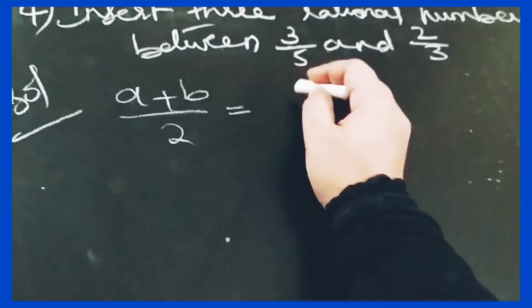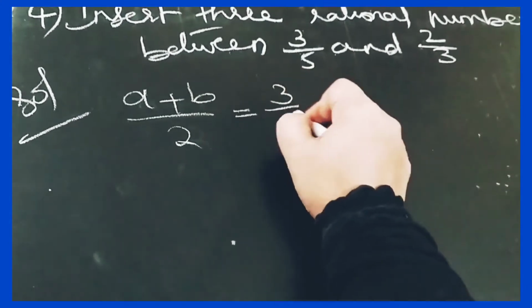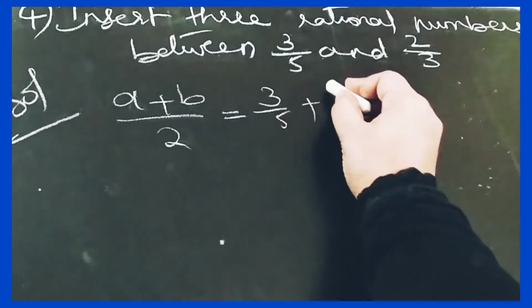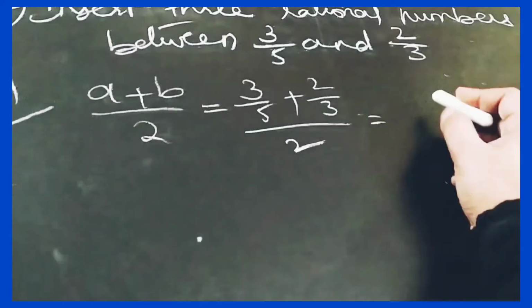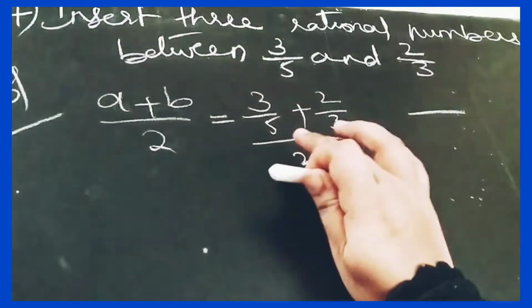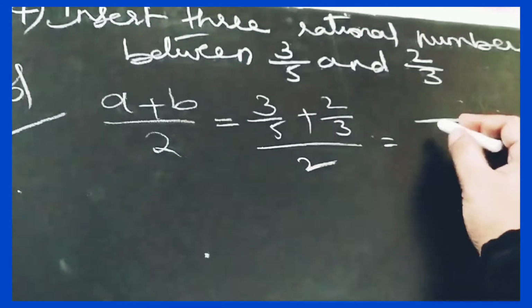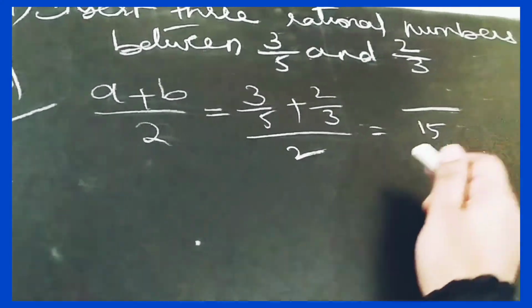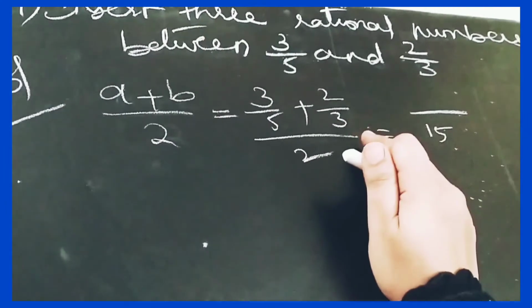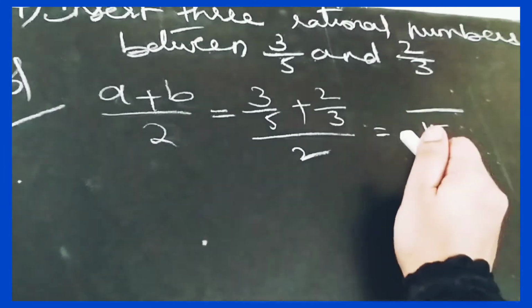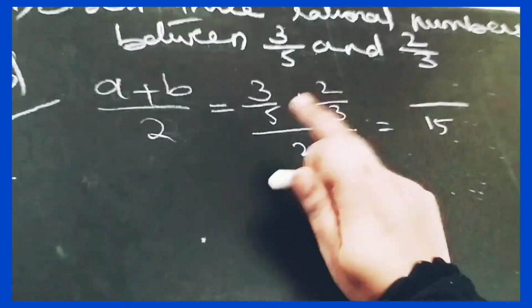Okay, (a plus b) by 2. Here 3 by 5 is a, here 2 by 3 is b. Again we'll take LCM, we can directly multiply also. 5 3s are 15. If 2 6 is given, don't multiply it, do LCM of it. So 5 3s are 15. How many times does 15 go in 5 table?